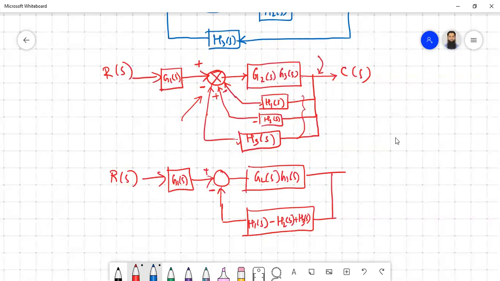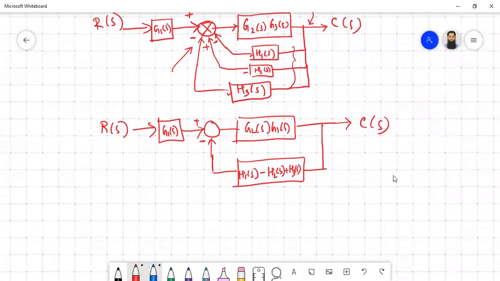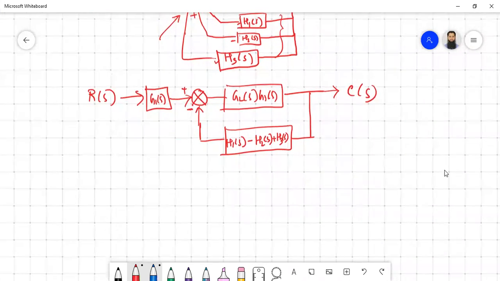Now I think you already recognize this is a feedback branch. You have a negative feedback where your forward path gain is this one, and this is your feedback gain.